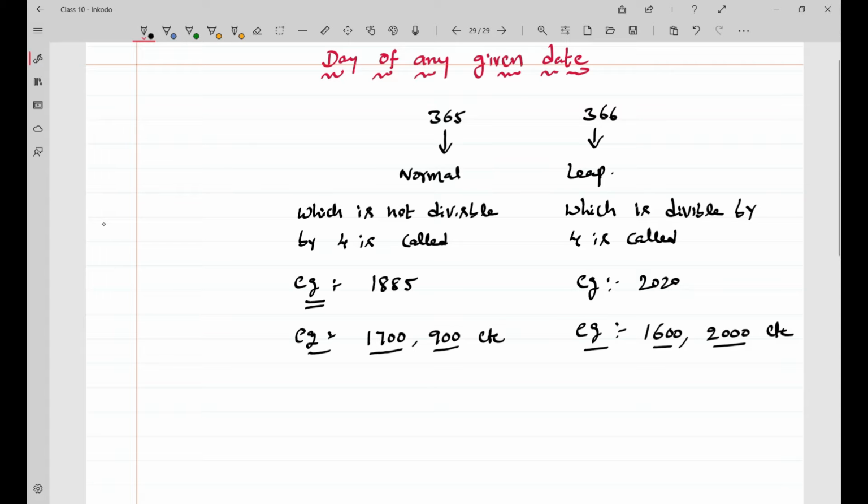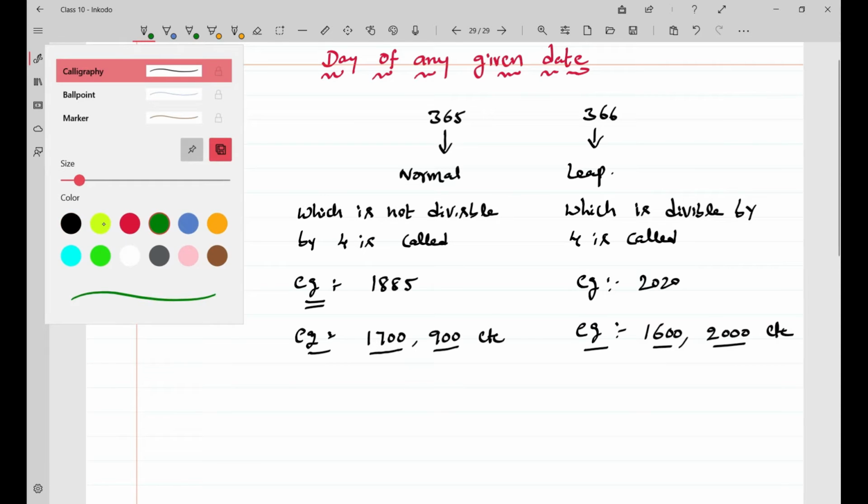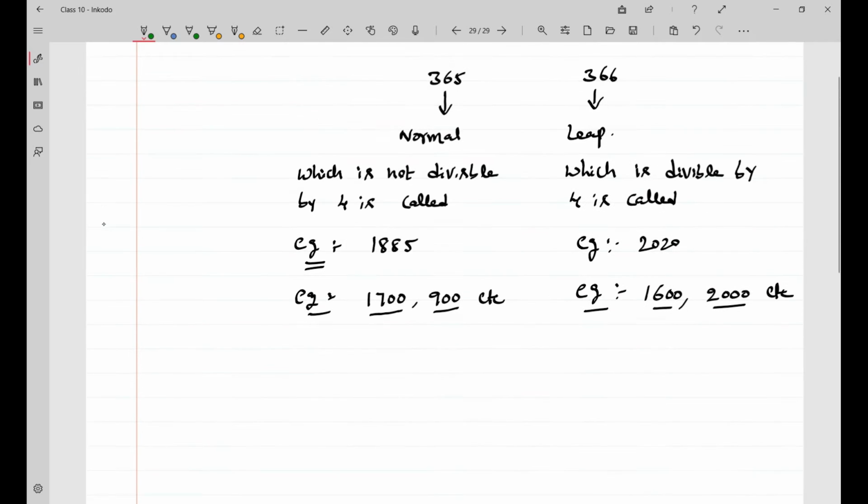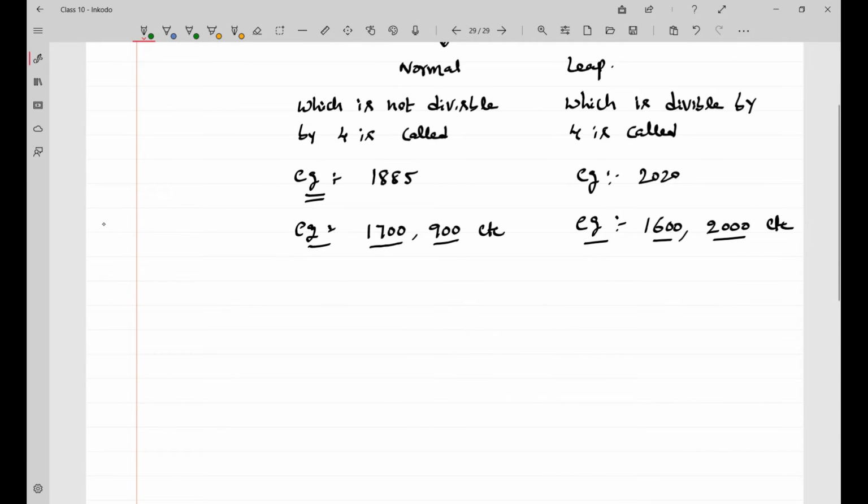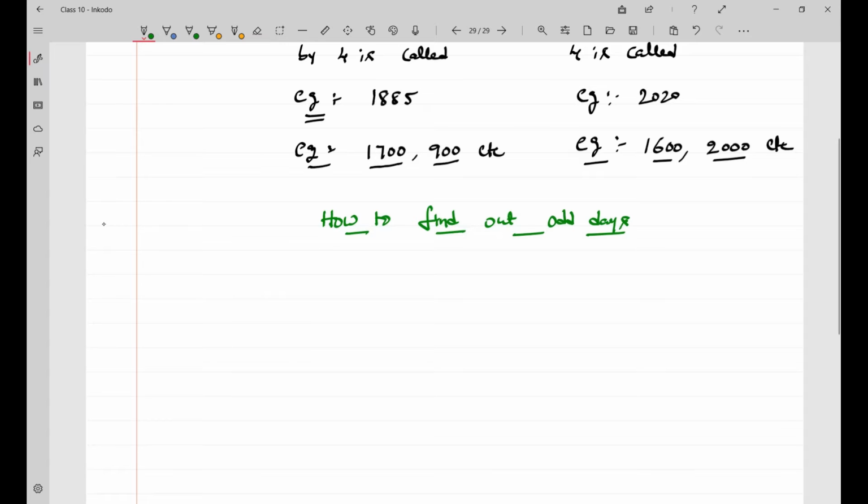Now let's see how to find out odd days in a normal year as well as a leap year. As we know, in a normal year there are 365 days. In 1 week there are 7 days.